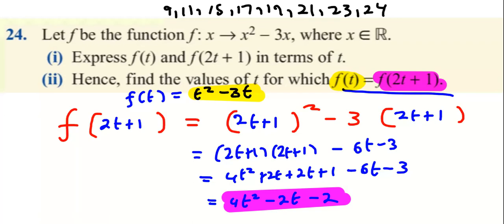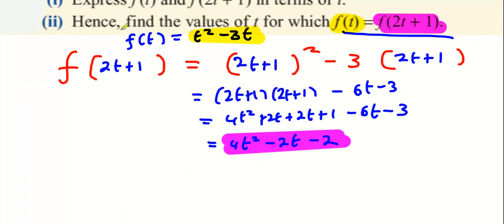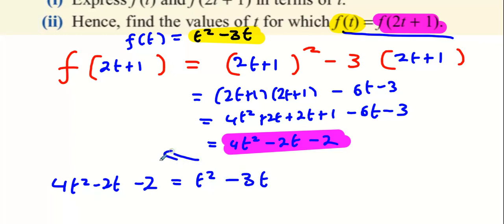We good? I'm going to do pink equals yellow. So I'm going to do 4t squared minus 2t take away 2 equals t squared minus 3t. Bring the t squared out the other side, it becomes minus t squared. Bring the 3t out the other side, it becomes plus 3t. So it's going to be 3t squared plus 1t take away 2.